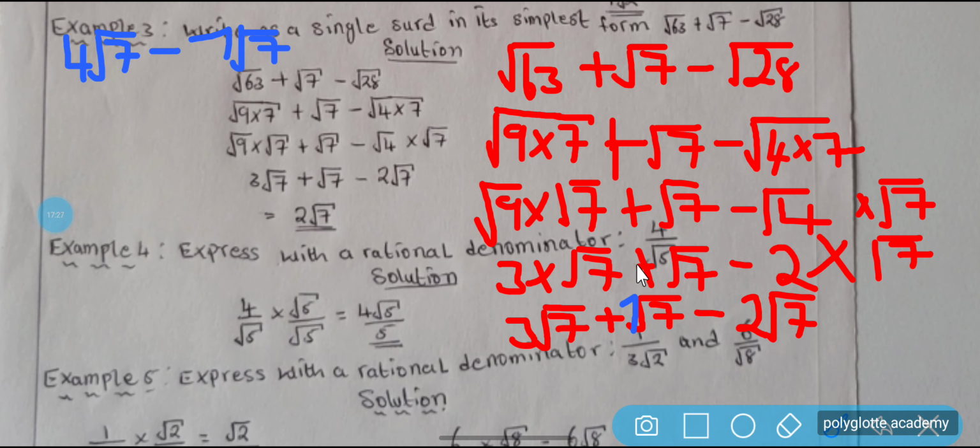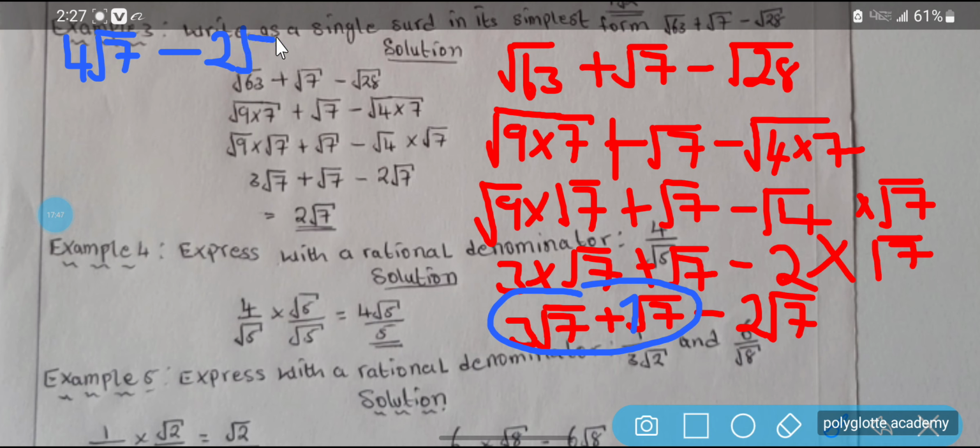The value here is 2. We have already solved this one: 3 plus 1 gives you 4 root 7, minus 2 root 7.